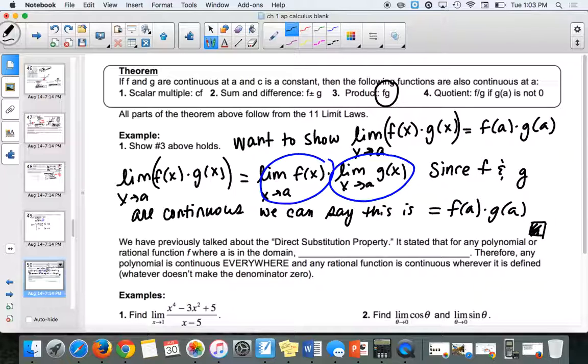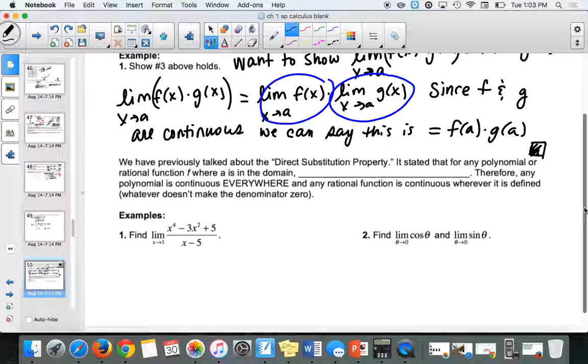Do you see what I'm saying? The part that I circled in blue became f of a times g of a, based on the continuity. I probably should have written it at the beginning, but that's fine. It's an easy enough proof. With all the limit laws, you can bring the limit in, and since f is continuous, this is true, and since g is continuous, this is true.